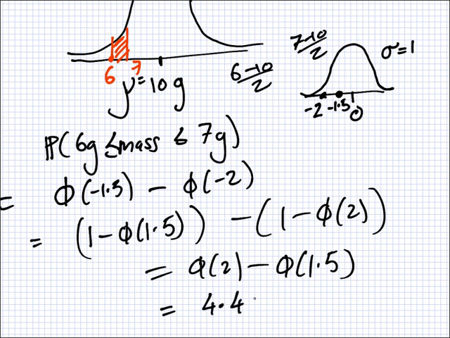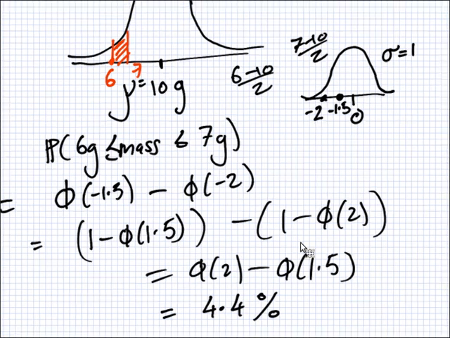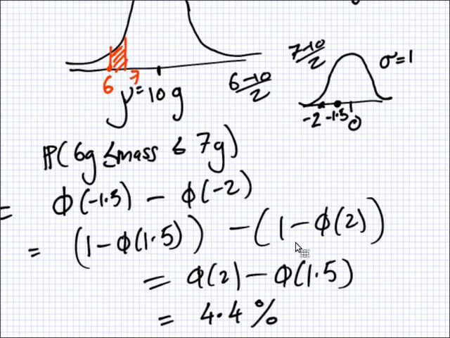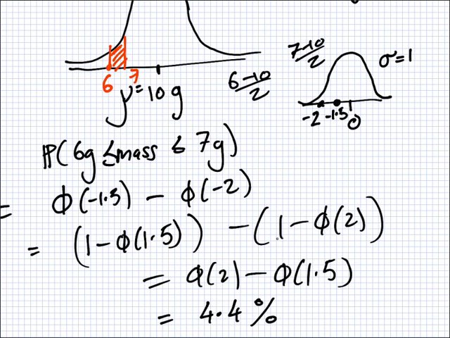4.4%. I got 3.9. Come on, you just have to look up two numbers and subtract. Who's right, who's wrong? Who else has an answer for this? I'm pretty confident about it. Well, you're being outnumbered. I have two 4.4s.